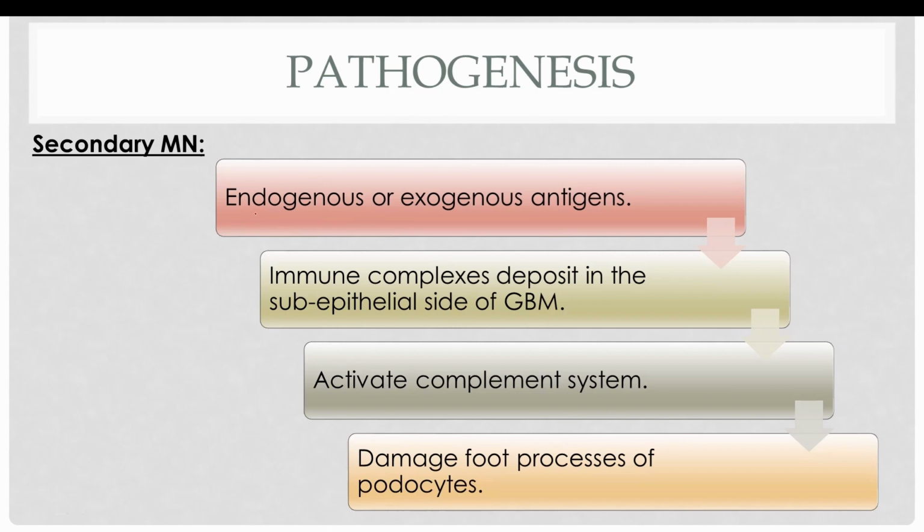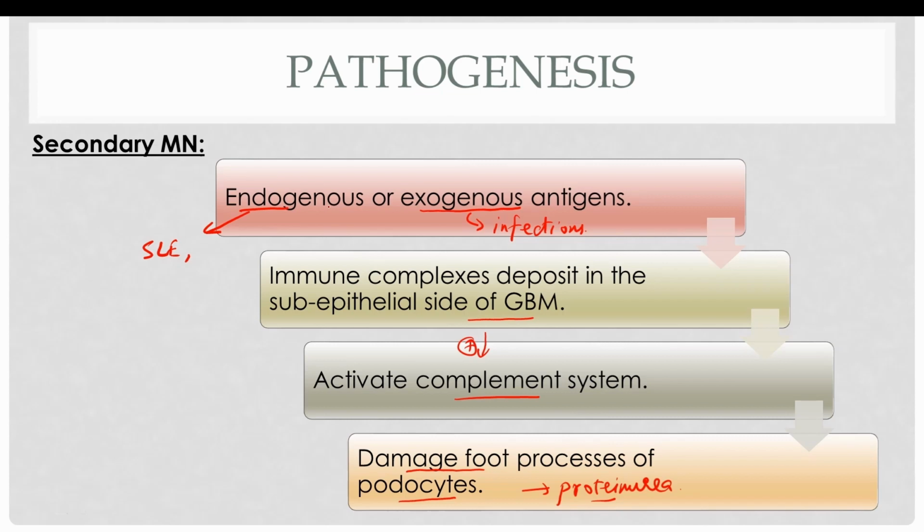The antigens in secondary membranous nephropathy can be either endogenous, such as in SLE and other autoimmune diseases, or exogenous, such as in certain infections. Immune complexes are deposited in the subepithelial side of the glomerular basement membrane, which activate the complement system and damage the foot processes of the podocytes, causing proteinuria.